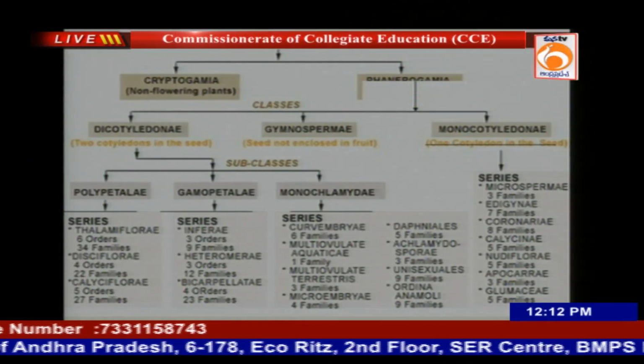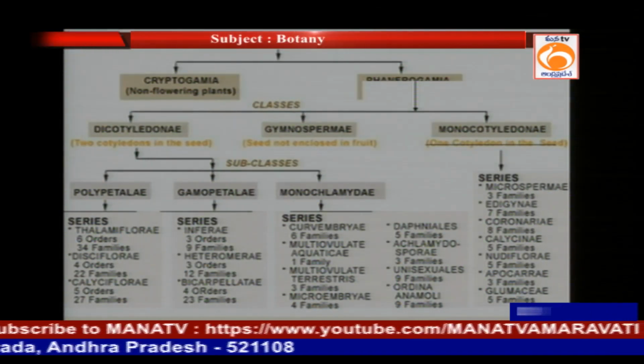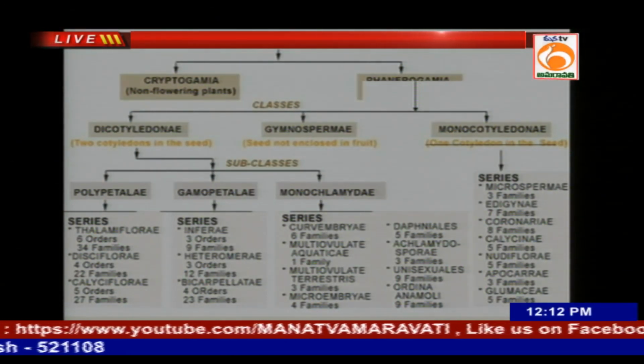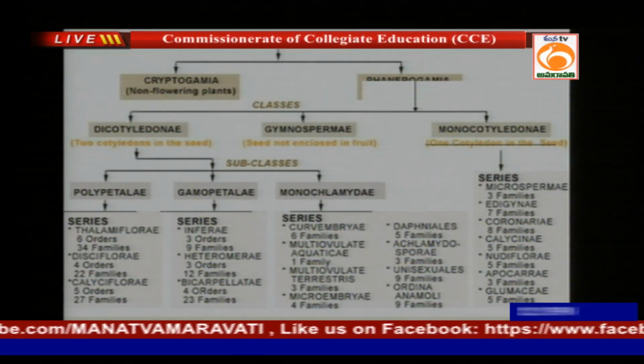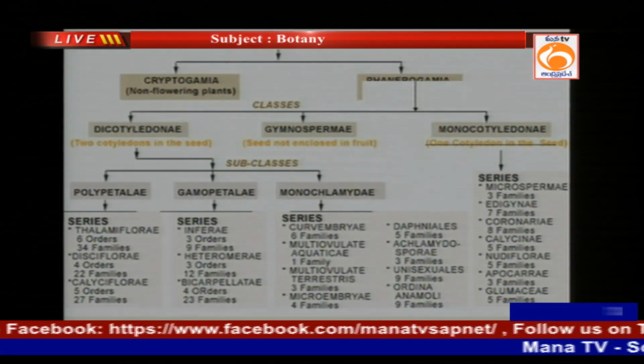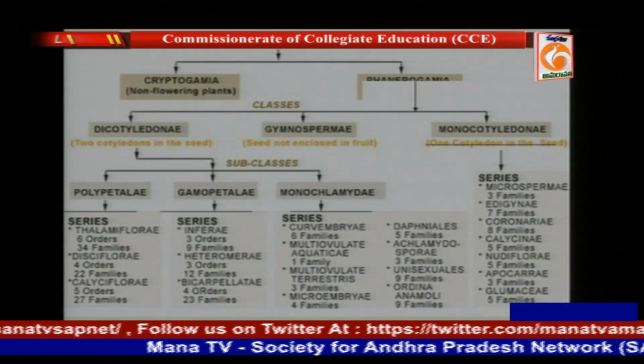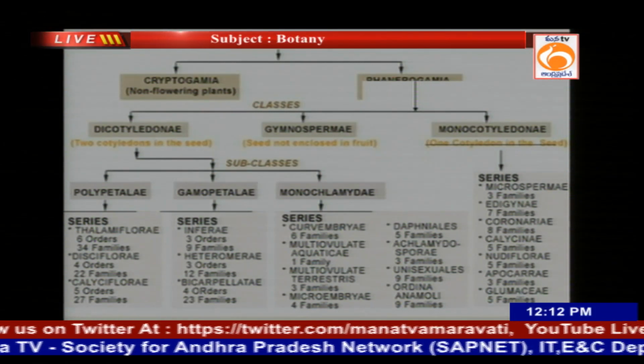This is the classification in gist given by Bentham and Hooker. In the last slide, in the Dicotyledons, there are 3 subclasses and 3 series. Under Thalamiflorae there are 6 orders and 34 families, but in the Monochlamydeae, the Curvembryeae is directly divided into 6 families.